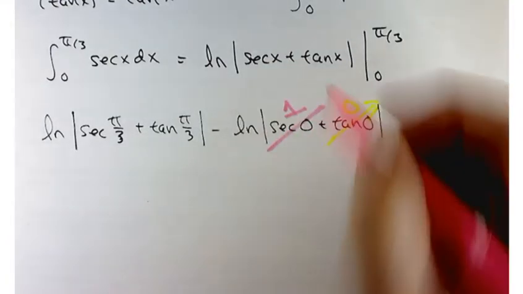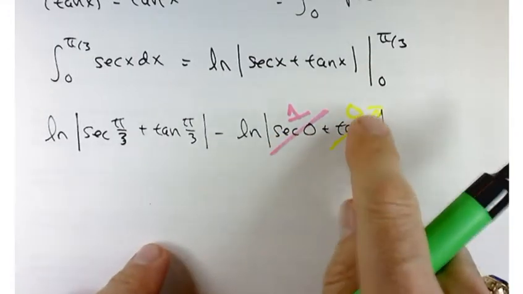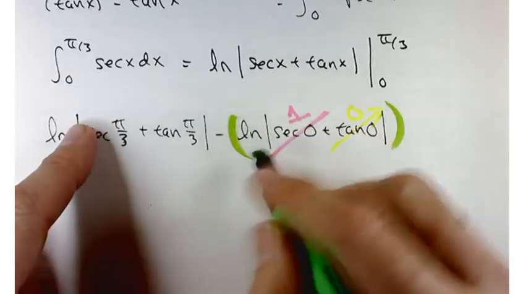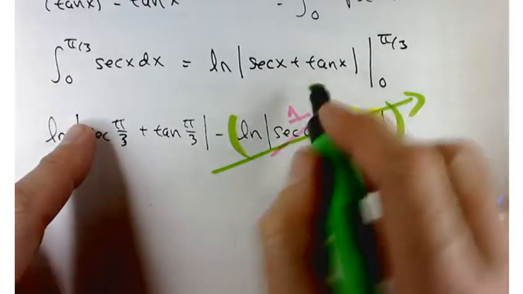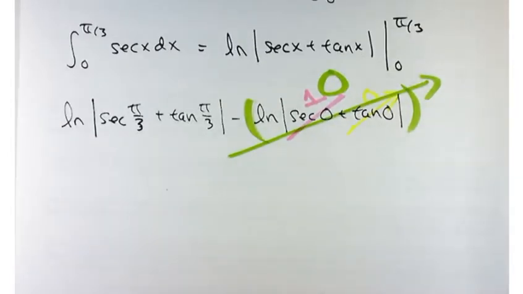That's a 1. So I've got 0 plus 1, and the log of 1 is 0. So that whole thing disappears. Well, that's nice. Got rid of that.